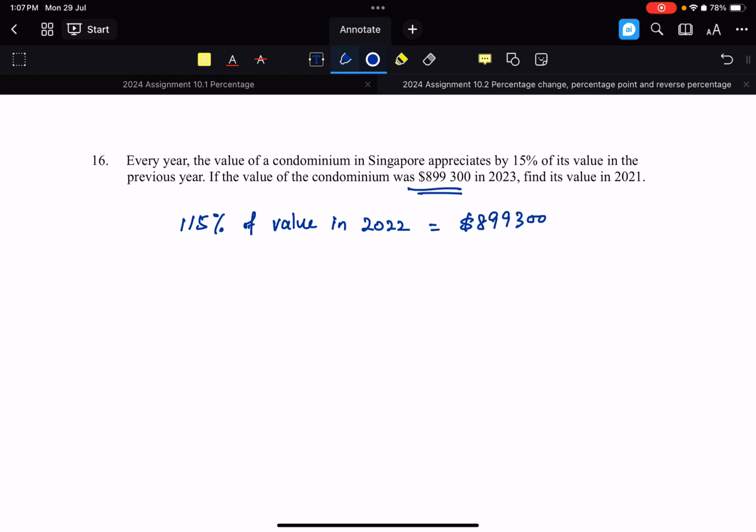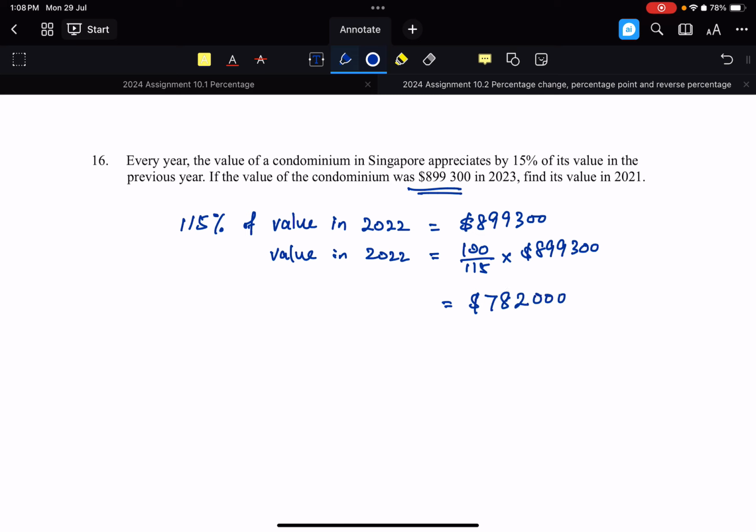So 115% of the value of the previous year is the current value. So current value, 100%. So the value in 2022 will be 100 over 115 times 899,300, and that will net us 782,000.